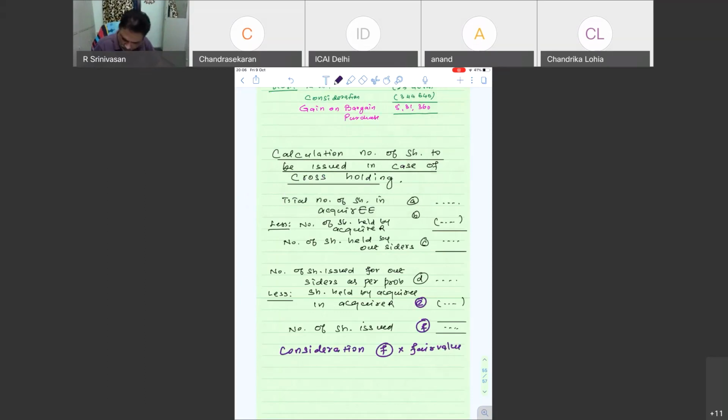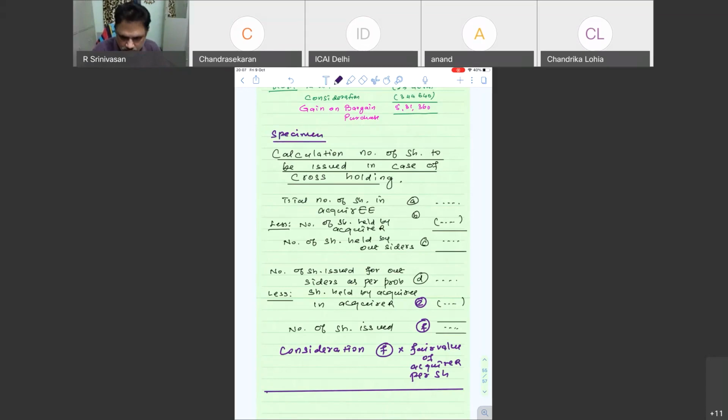So this is what we have to use here. In cross holding, this is the way we will be calculating everything. This format will help you as a specimen for calculating the number of shares issued in case of cross holding.